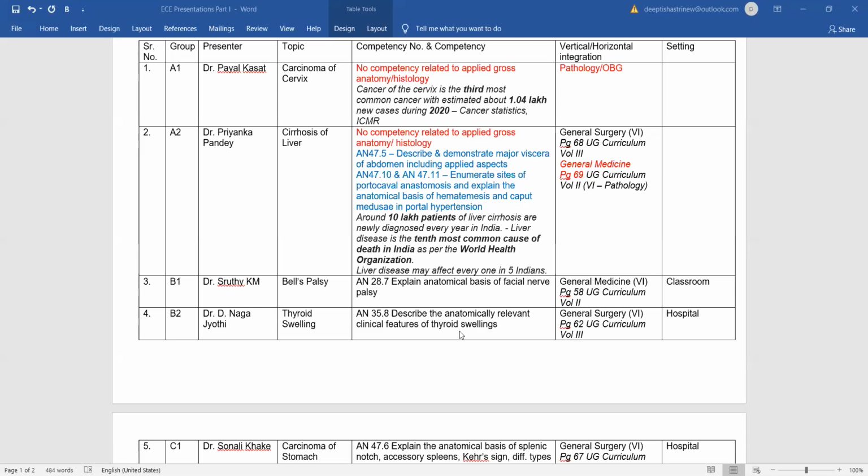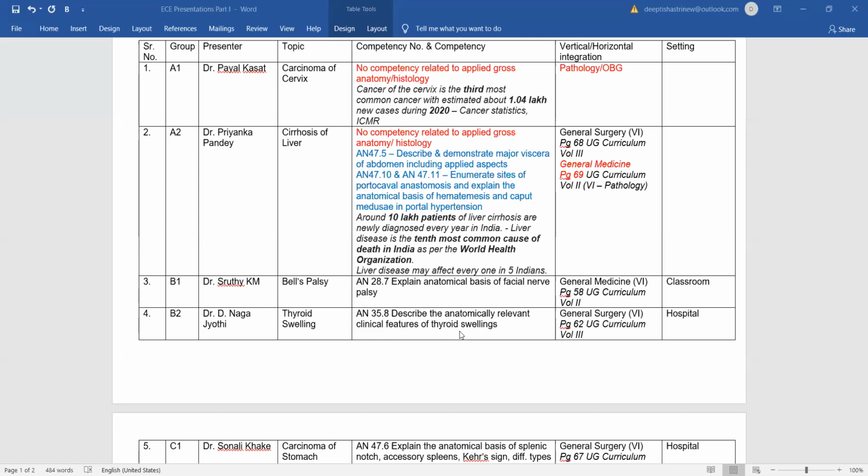They have given female reproductive system, ovary, uterus, uterine tube, cervix, placenta, and umbilical cord, S and SH level, and it's a core competency. Lecture and practical, there is no integration, either vertical or horizontal.